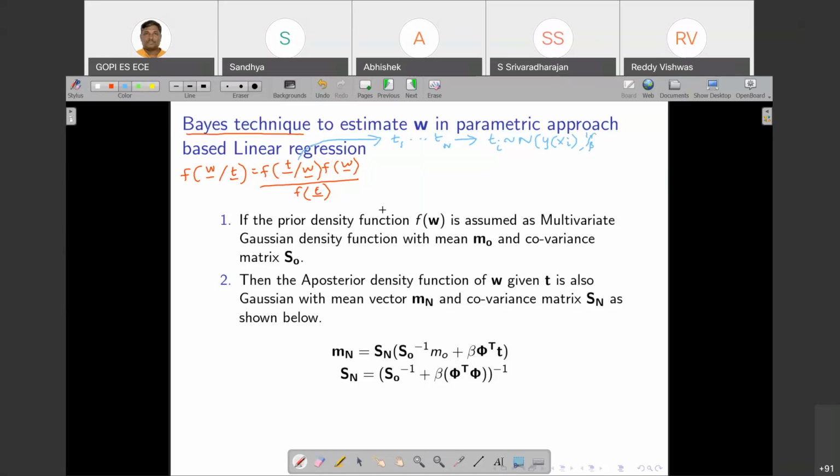The observations T1, T2, T3, and so on, they are all independent.